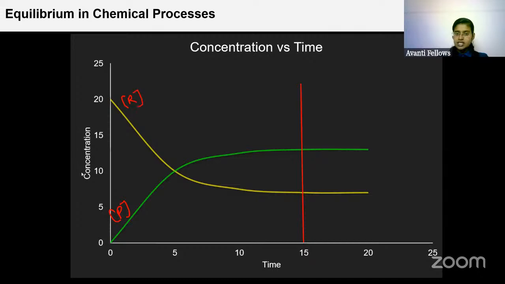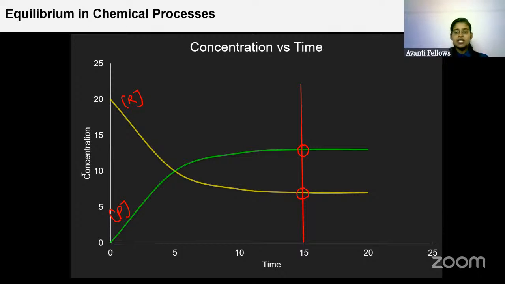So one decreases and the other increases, and in both cases time is increasing. At one point, they maintain a constant value, and that point is called the equilibrium point for the reactant and product. So this is all about the graphical representation of the chemical equilibrium process.